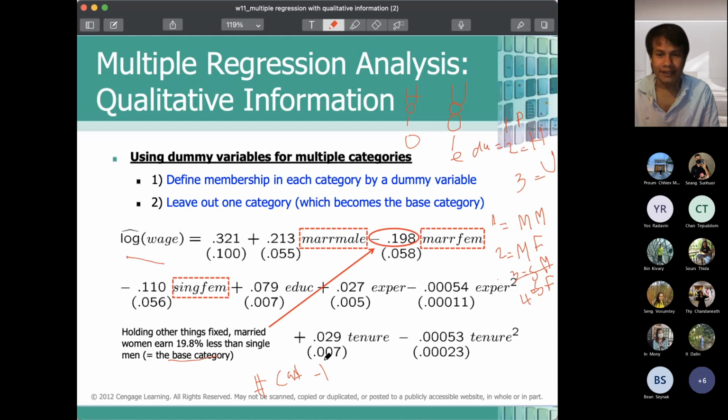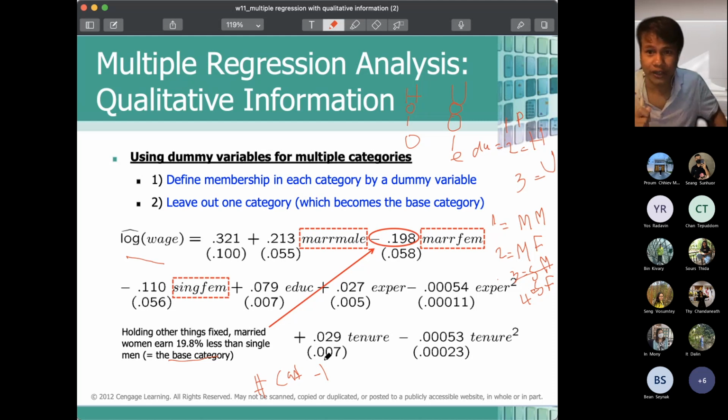Excuse me, sir. If we use this dummy variable for multiple categories, we need to set 1 and 0 for those variables. Correct. So for the 3 variables we set number 1, and for the one that we leave out of the equation, we set number 0.